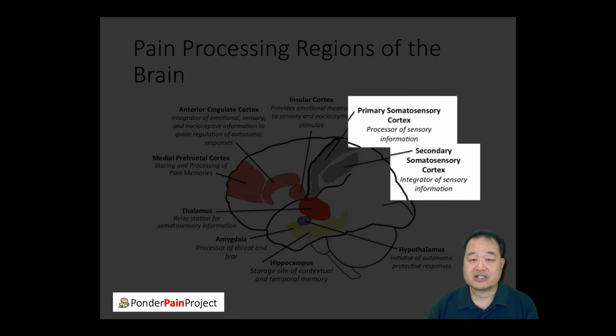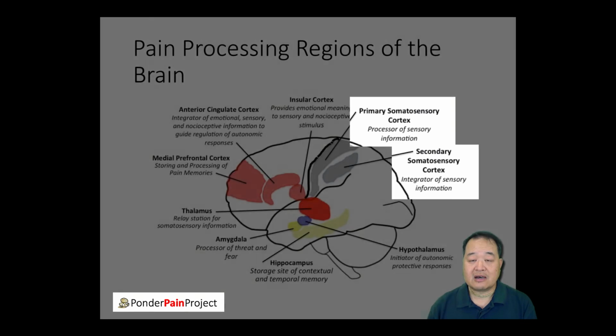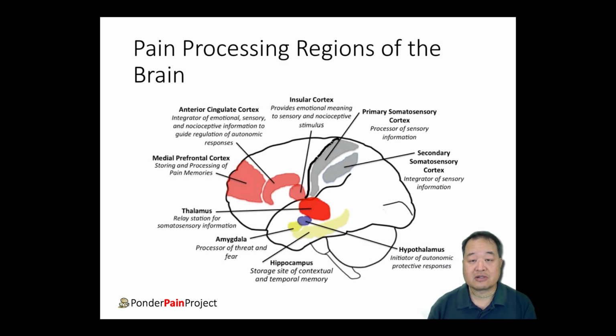Well, this is where sensations are processed. And we remember that when we talked about pain earlier in modules, we talked about how pain is not just about nociception, but it's also about the sensations and other environmental cues that come to our brain and are processed at the same time. So it's not unusual that these areas would be stimulated when we come in contact with the nociceptive or injury type of stimulus.